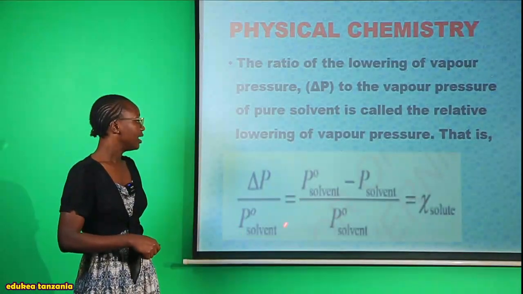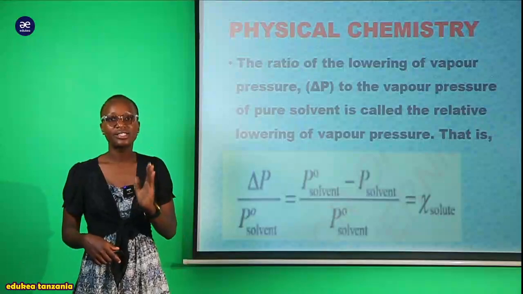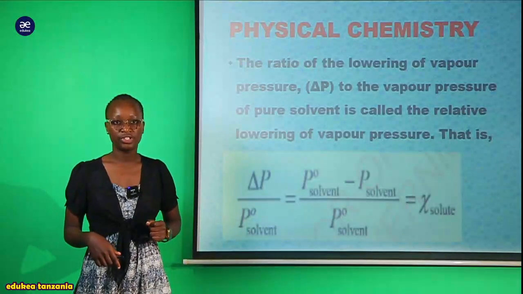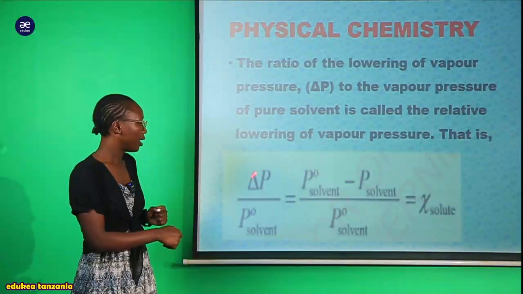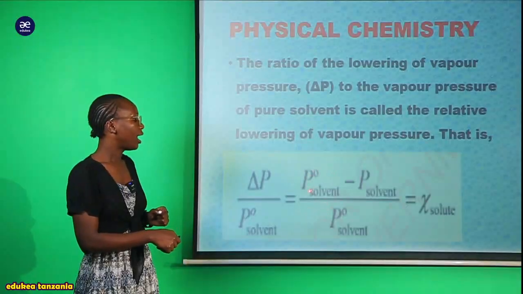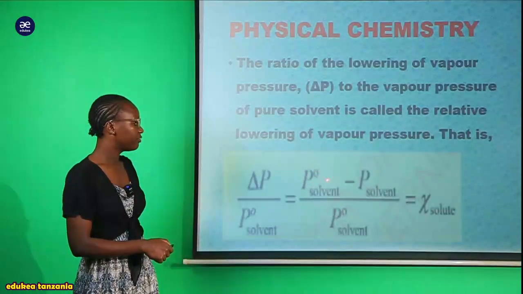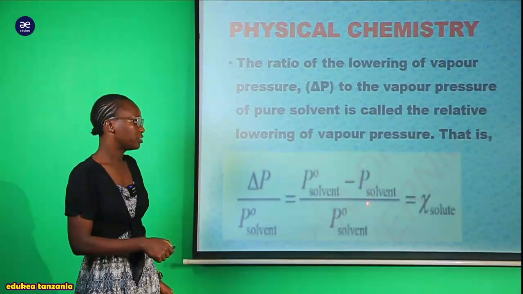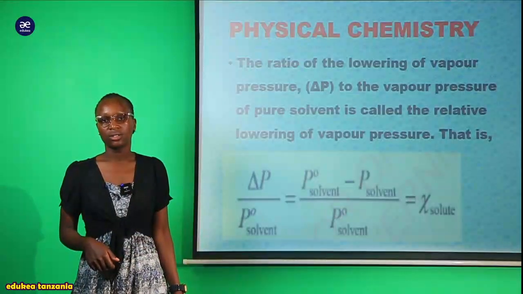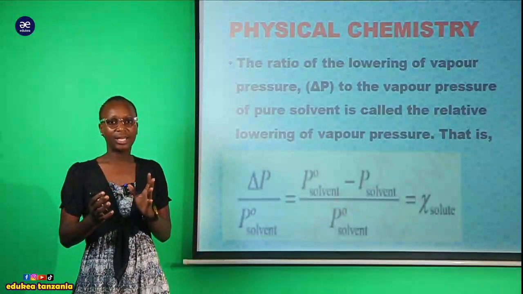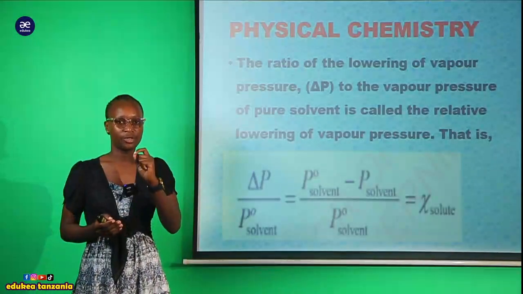So this ratio, or this relative lowering in vapor pressure, is equal to the pure vapor pressure of the solvent minus the vapor pressure of the solvent over the pure one. It is something that can be confusing, but you have to understand it.